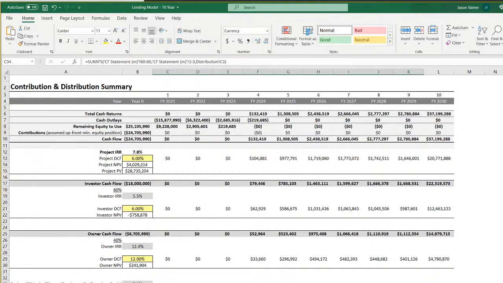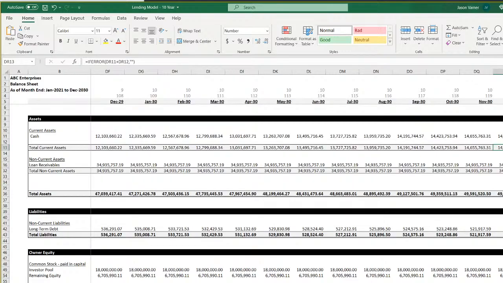Now, the reason why you may want to do that is to see how much cash builds if you don't take any money out of the business. You can see you get up to 14,800,000 in cash on the balance sheet. You have this as your long-term debt, and then your equity.